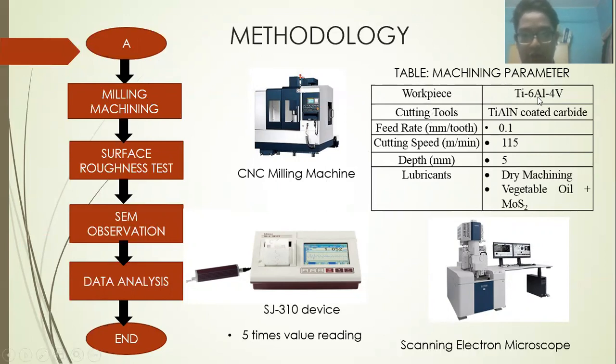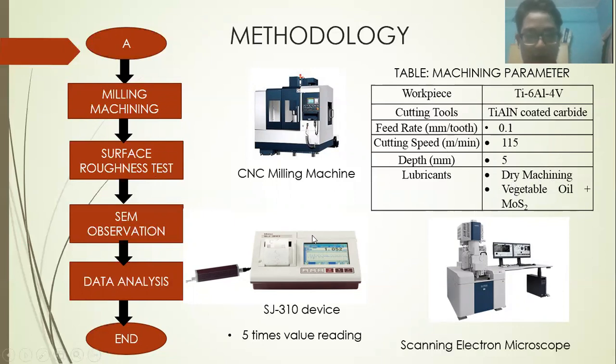The workpiece used is titanium alloy, and the cutting tool used is titanium aluminium nitride coated carbide, and the feed rate is constant 0.1 mm per tooth, and the cutting speed is also constant 115 meter per minute, and the depth of cut is 5 millimeter, and is constant for both experiments. And the machining condition is under dry machining and also solid lubricant with vegetable oil.